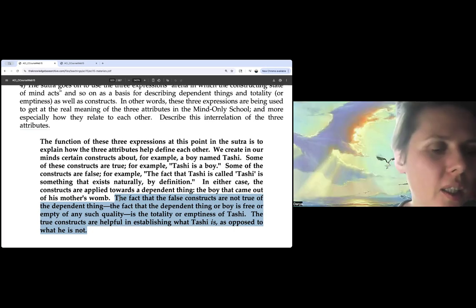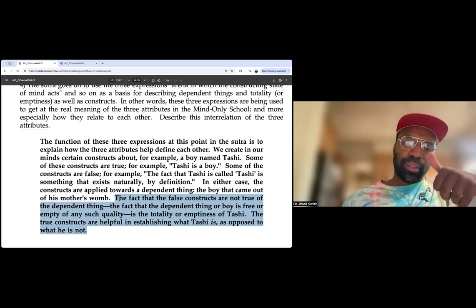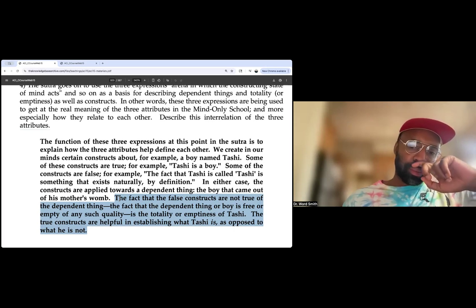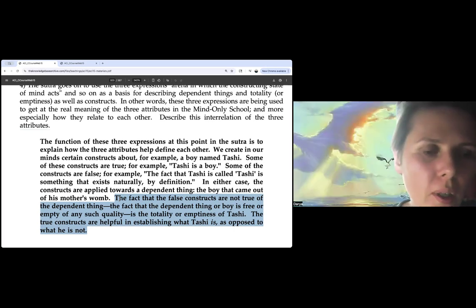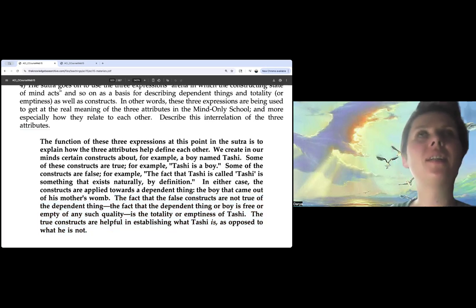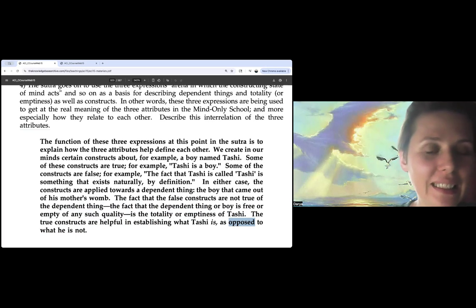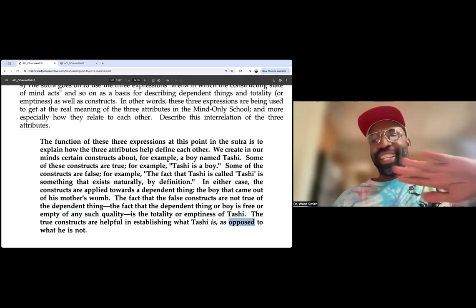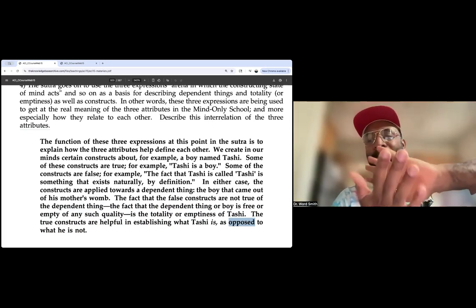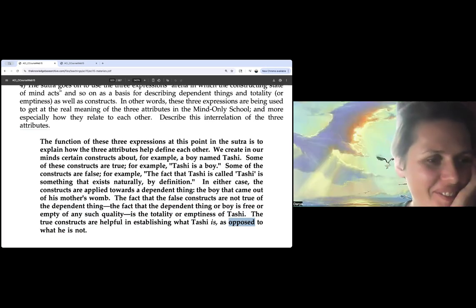The true constructs are helpful in establishing what Tashi is as opposed to what he is not. Good job.